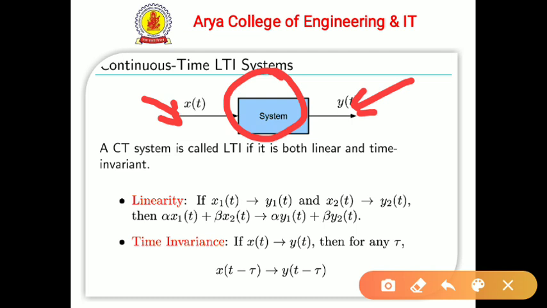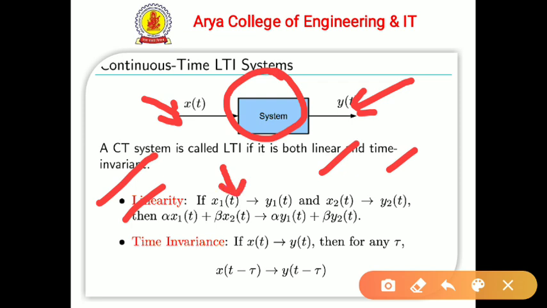A continuous time system is called linear time invariant if it is both linear as well as time invariant. So the important thing is to understand what linearity is and what time invariance is. Start with linearity. In a simple way, the relation between input and output should be linear. We have an expression for linearity.